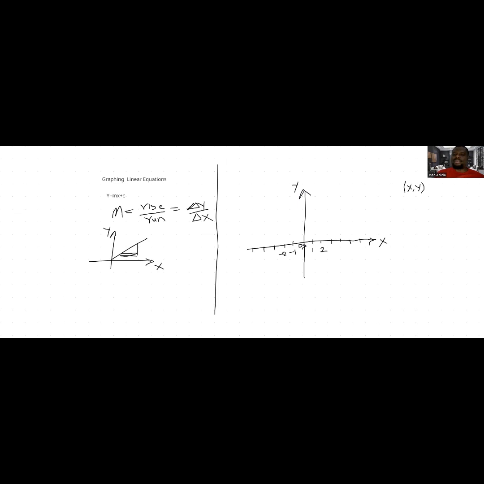Now on the y-axis, upward above the origin are the positive y values, 1, 2, 3, and so on. And then downward below the origin, we have the negative y values, -1, -2. So this is the negative part of the y-axis, and this is the positive part of the y-axis. Now, when we have this information at hand, we can easily begin to plot any line on this coordinate system.